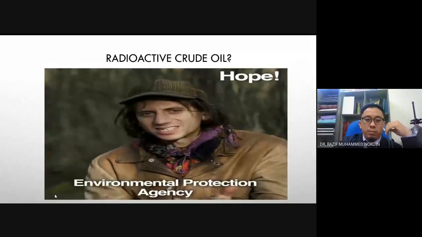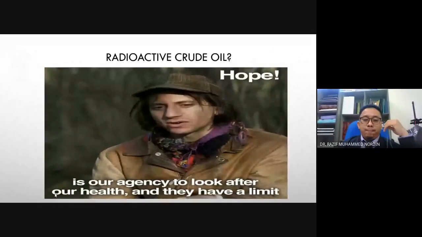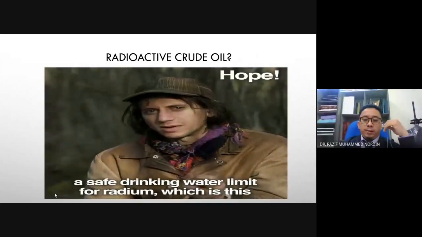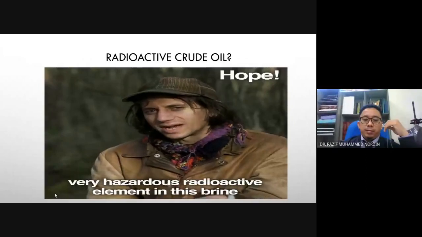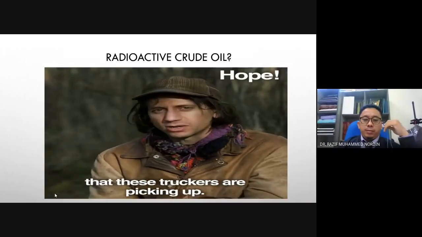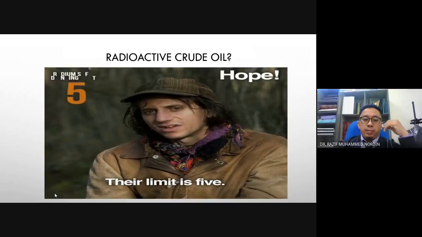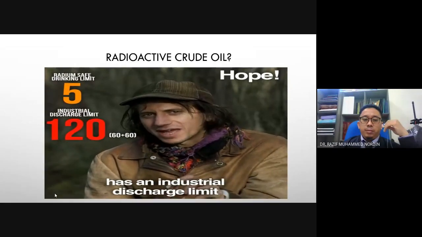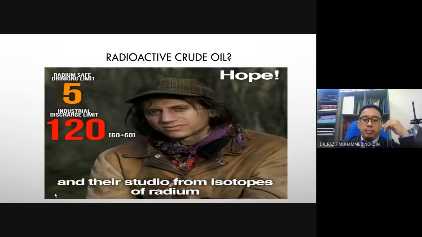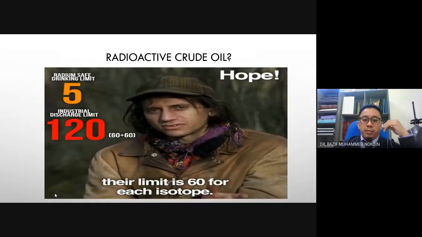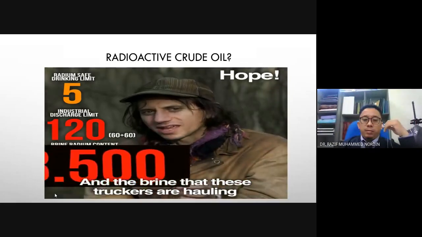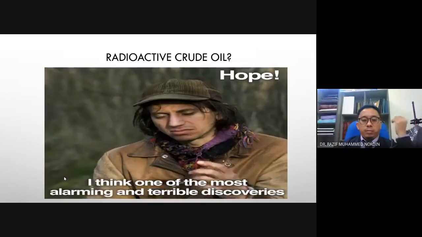The Environmental Protection Agency is our agency to look after our health, and they have a safe drinking water limit for radium, which is this very hazardous radioactive element in this brine that these truckers are picking up. Their limit is 5. The Nuclear Regulatory Commission has an industrial discharge limit, and there's 2 different isotopes of radium. Their limit is 60 for each isotope. And the brine that these truckers are hauling, radium can be as high.